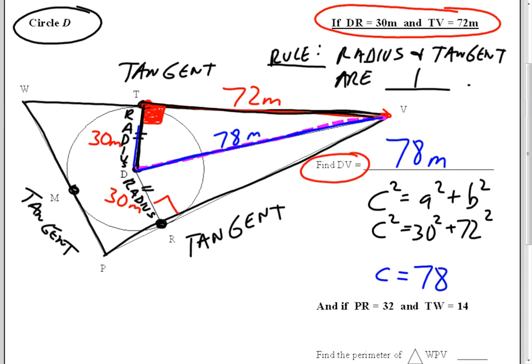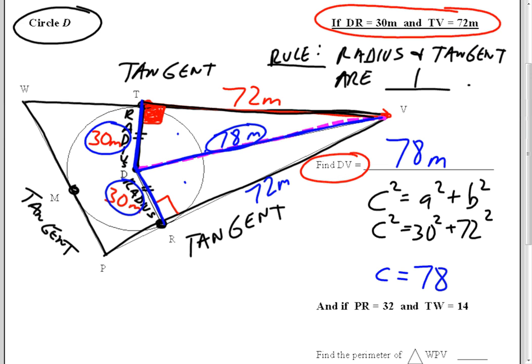Do I have a leg that's 30 and another leg that's 30? I've got right triangles where the hypotenuse is the same and two legs are the same. I've got HL. What does that tell me about these two triangles? They're congruent. So what is R to V? Put a 72 in there.